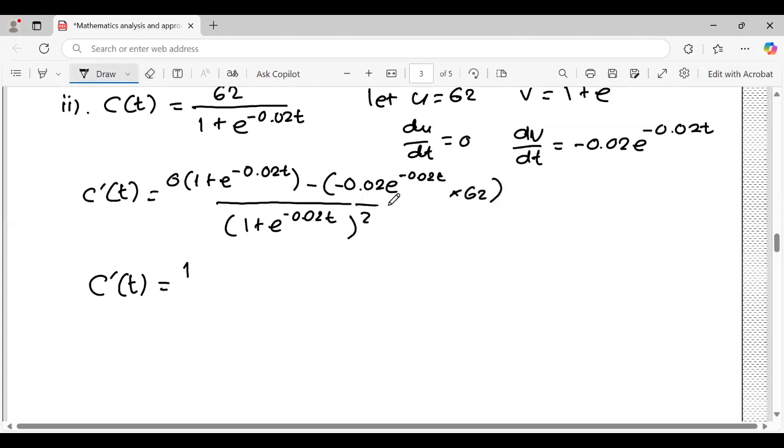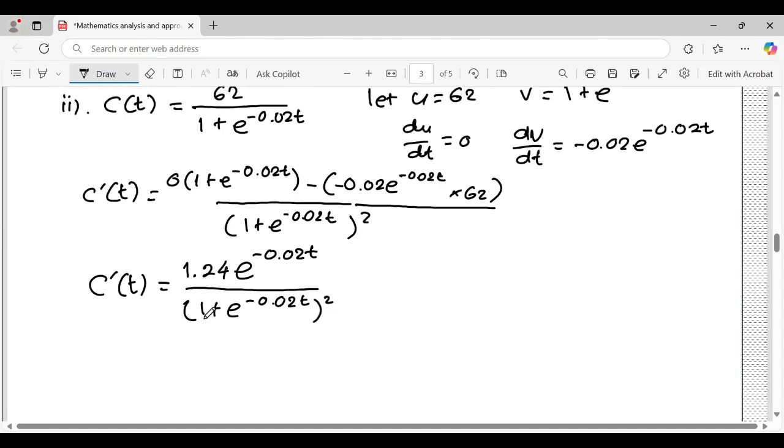If you calculate 62 times 0.02, it is 1.24 e to the power minus 0.02t divided by 1 plus e to the power minus 0.02t squared. If you substitute 75 into this equation and calculate, the result is 0.185. Next question.